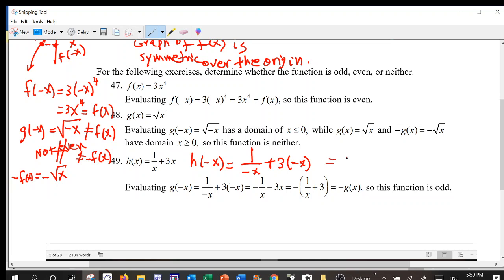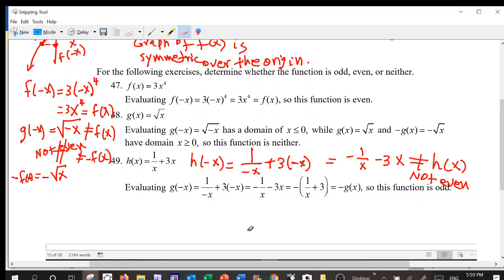And that is negative 1 over x minus 3x, right? Now, obviously, this is not the same as what we started with. So this is not equal to h of x. That means it's not even for sure. Not even.